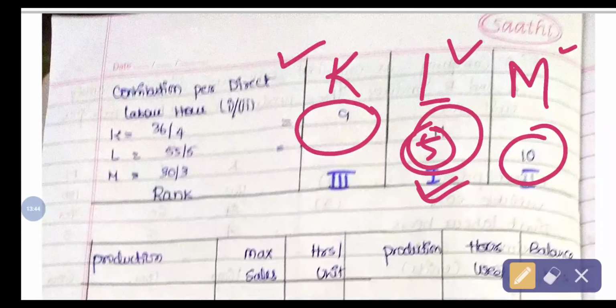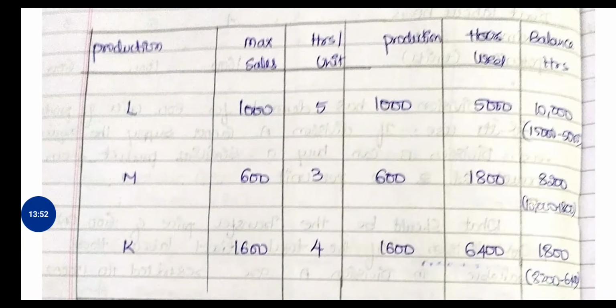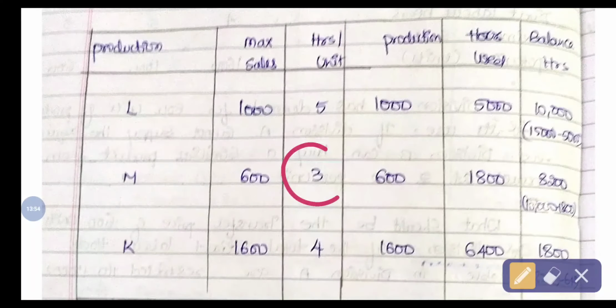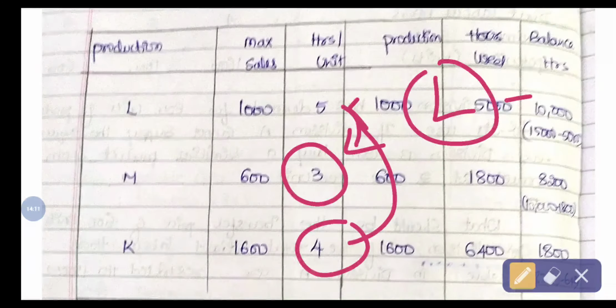So the second option, if we go according to the ranking, is M. If we see M, for one product it will be 3 hours, so that is not very near to 5. But if we see K, that is 4 hours, it is very near to 5. If the L product has to be manufactured, they need 5 hours.